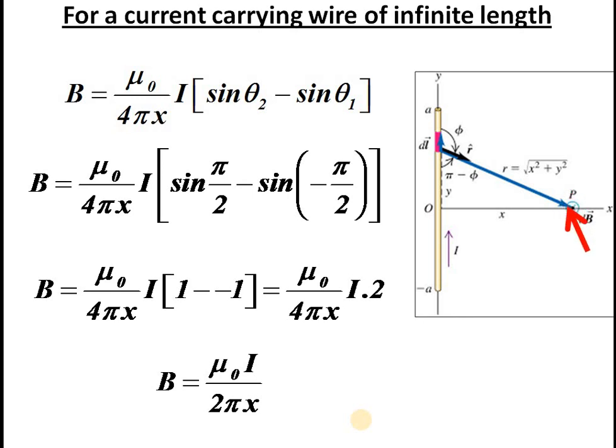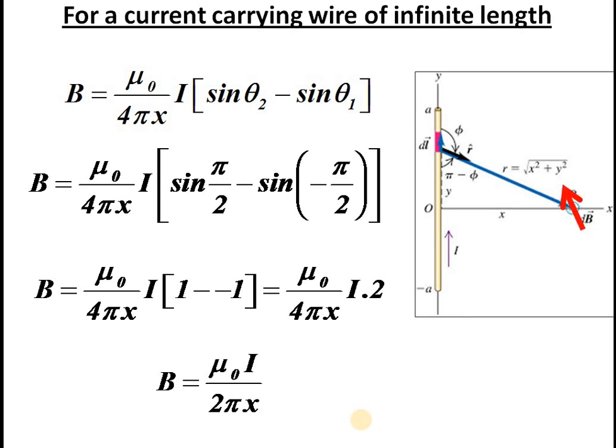For any such regular geometry, we can find the magnetic field at any point using the fundamental law. This is the application, and experimentally also it was found to be correct. All the theoretical calculations exactly match the values of the magnetic field obtained at any distance.